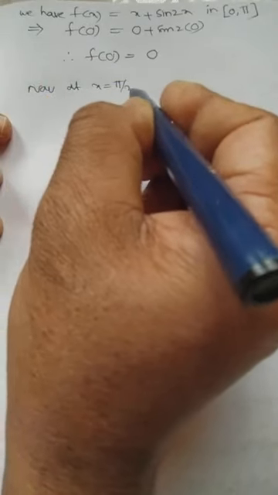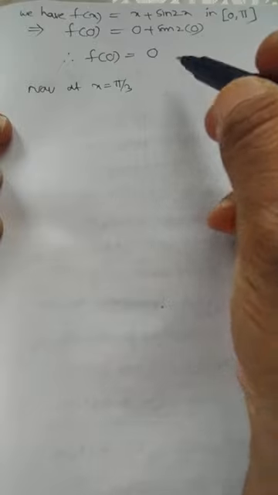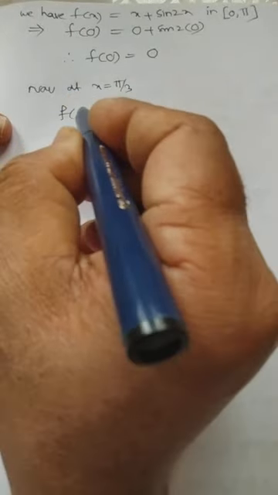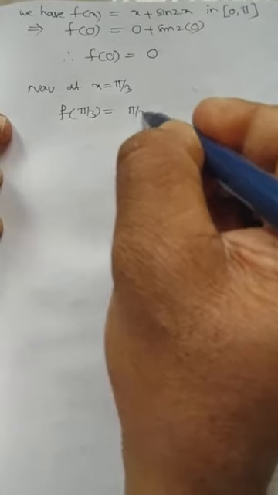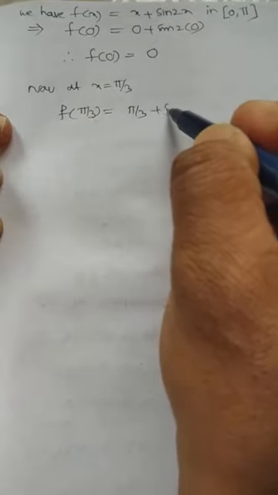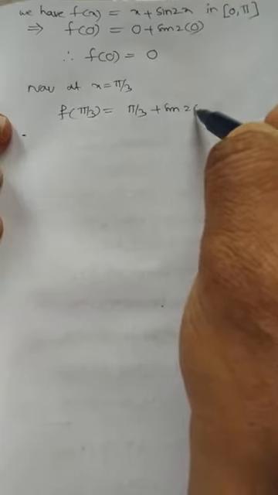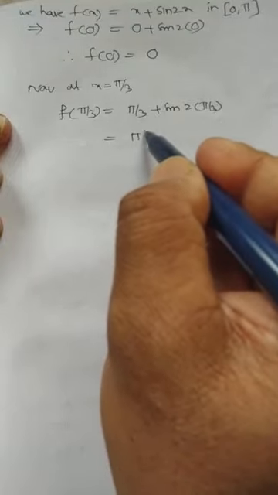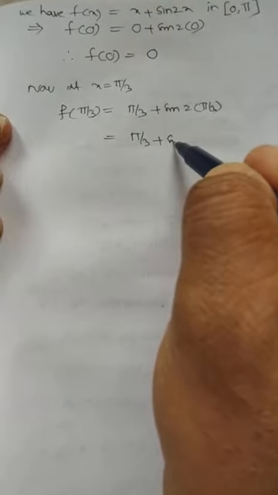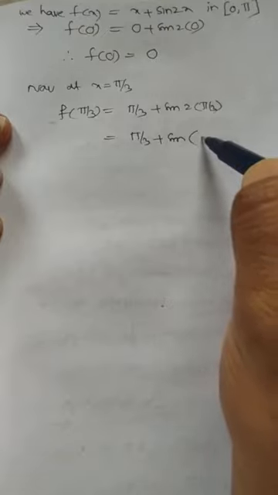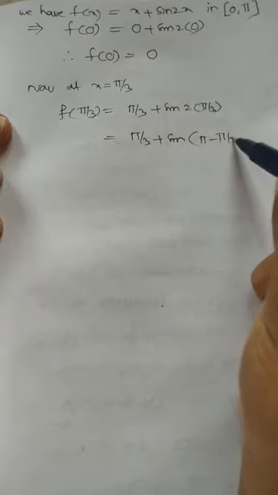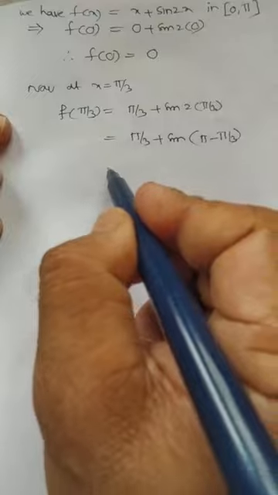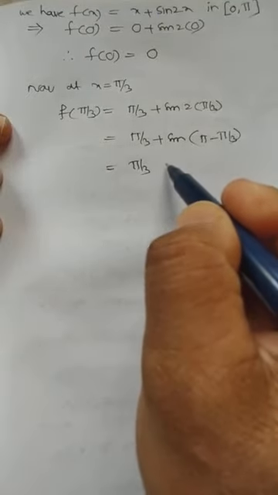Now, at x = π/3, this is a stationary value. f(π/3) = π/3 + sin(2 · π/3). As before, sin(2π/3) is sin(π - π/3).